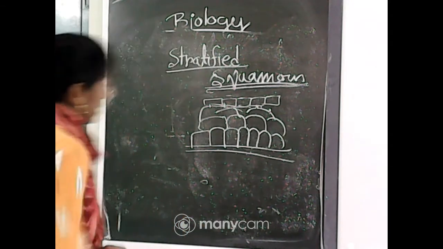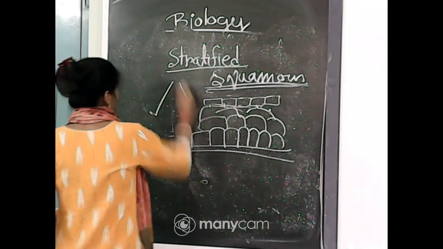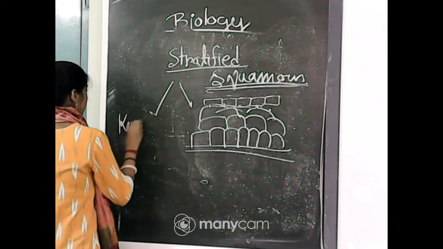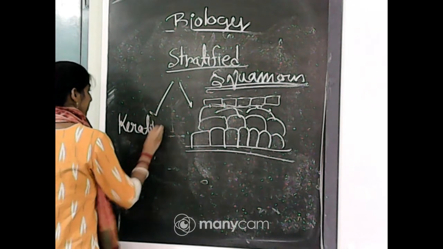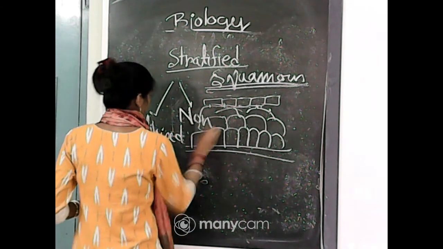This stratified squamous epithelial tissue can be differentiated into two types: keratinized and non-keratinized.